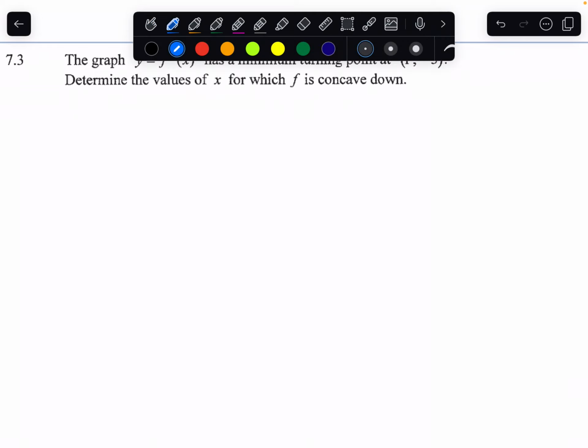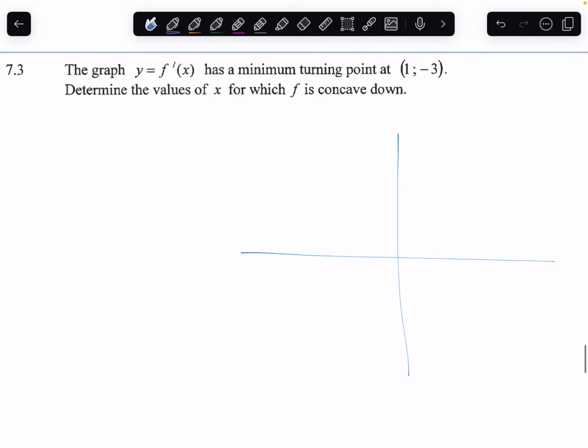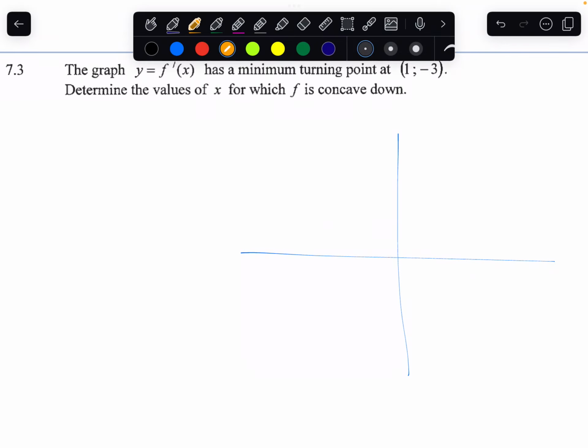So let's say this is our axis. We are told that there's a turning point at (1, -3), so over here. So this is potentially a parabola that looks like this, right?